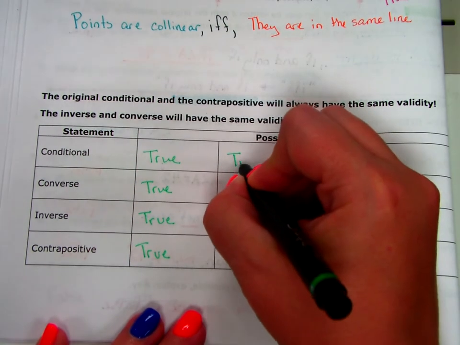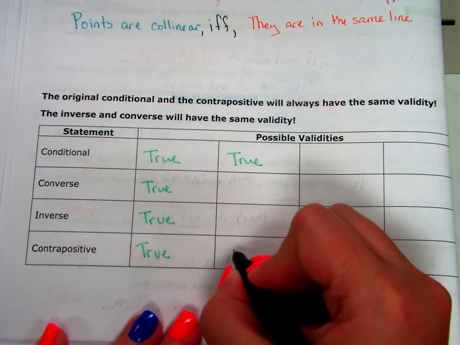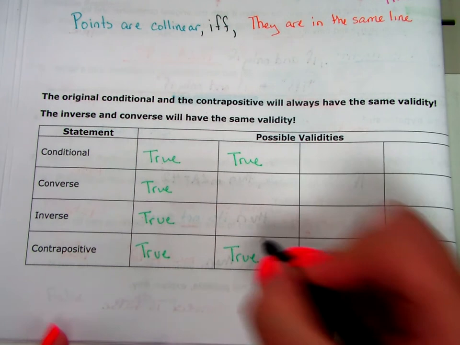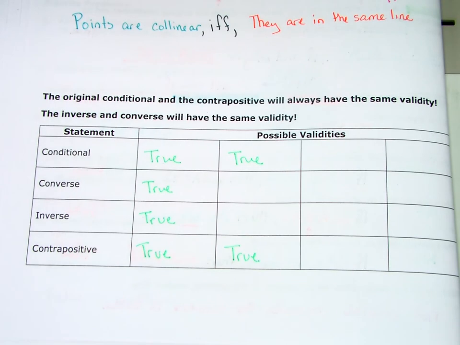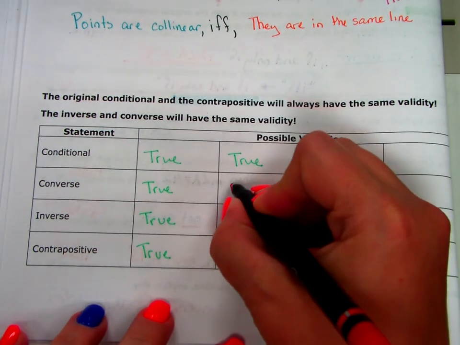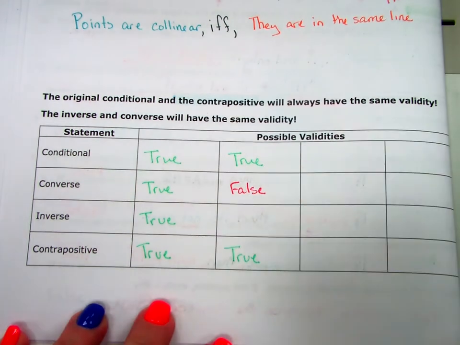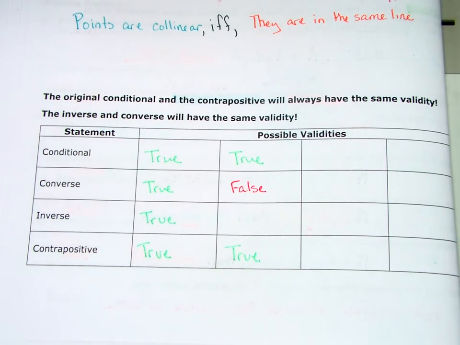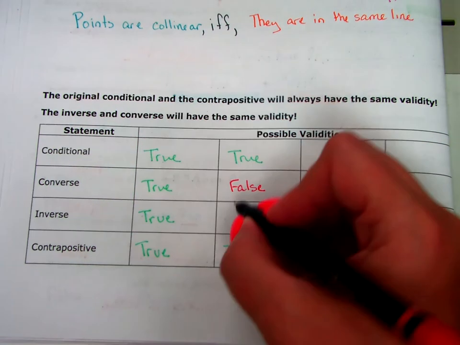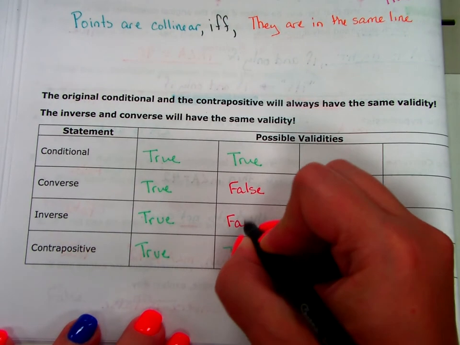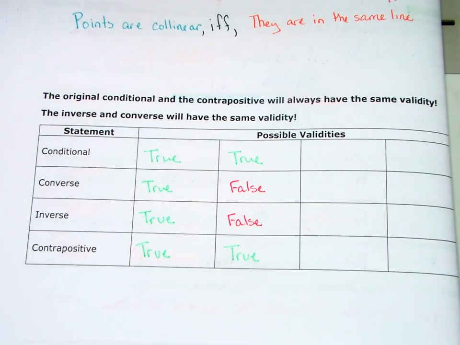If my conditional statement is true, my contrapositive will also be true. Those are always the same. But if my conditional is true, we've already seen an example where the converse could be false, even though the original was true. The converse and the inverse will always have the same validity. So if the converse is false, the inverse will be false.